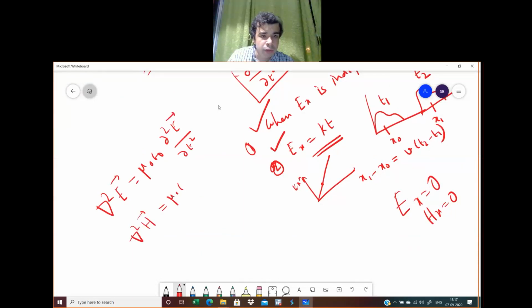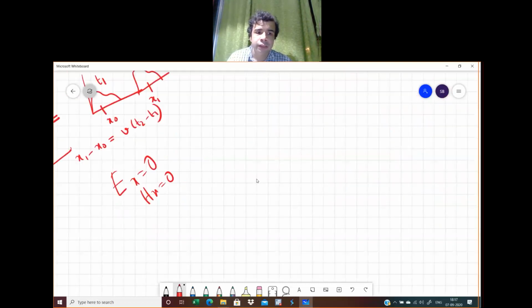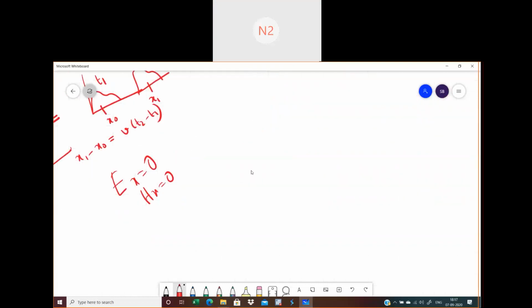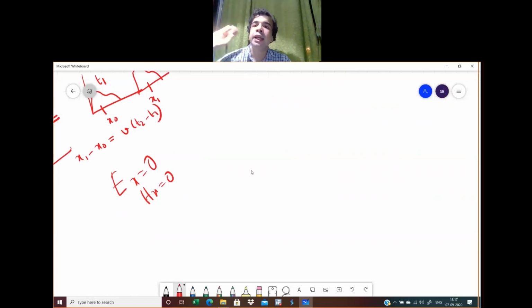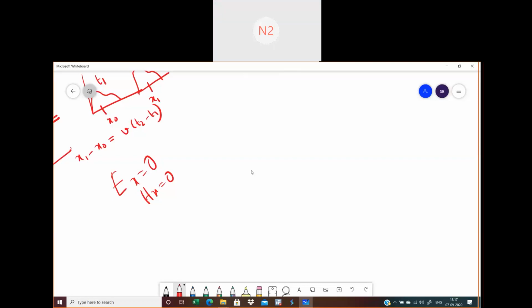I can do the very same analysis with H also. We get the same wave equation, and by similar logic we can show that Hx is 0. So if my uniform plane wave is propagating in the x direction, then Ex and Hx must be 0. Is this clear?